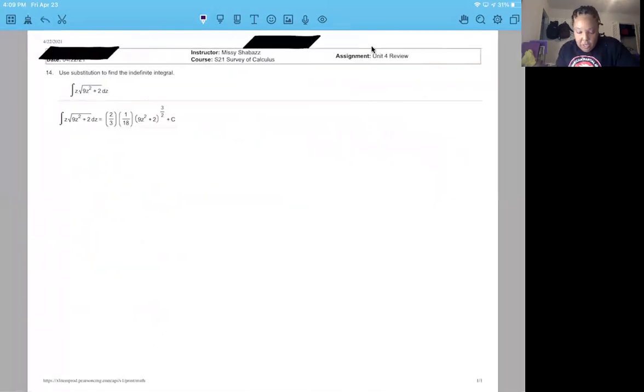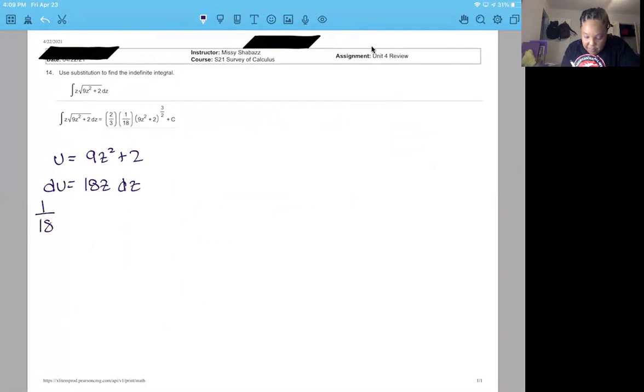All right, next question is use substitution, find the indefinite integral. I'm going to let u equal 9z squared plus 2. Then du is 18z dz. I have z, not 18z, so I'm going to divide both sides by 18. And I'm going to rewrite my integral as 1 over 18 u to the 1/2 du.